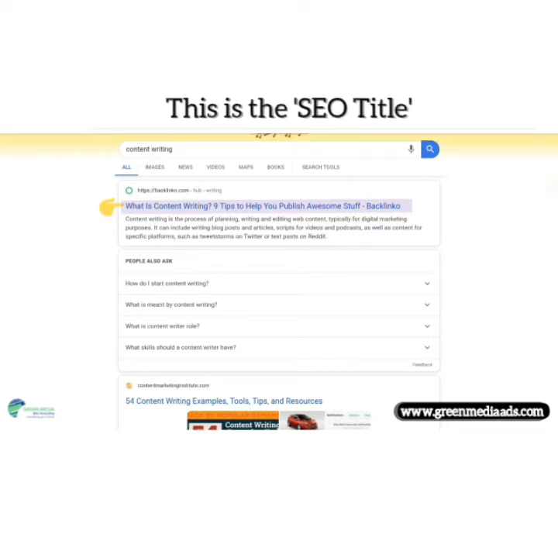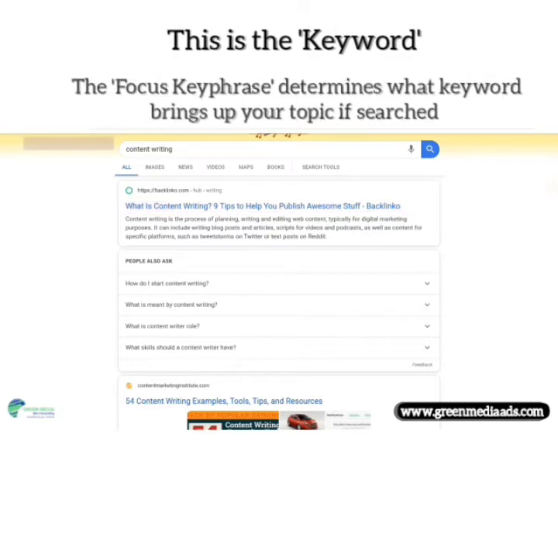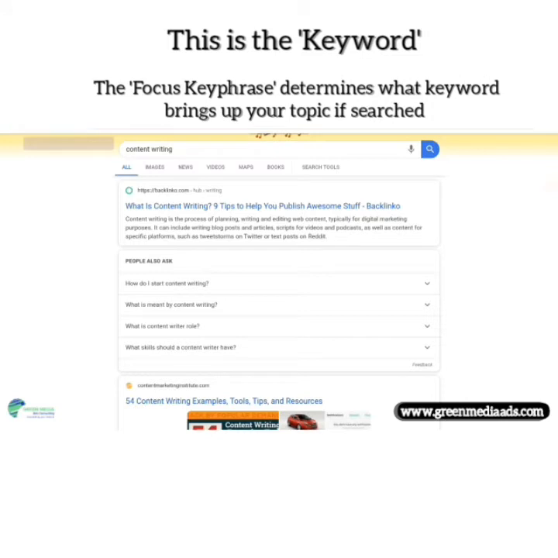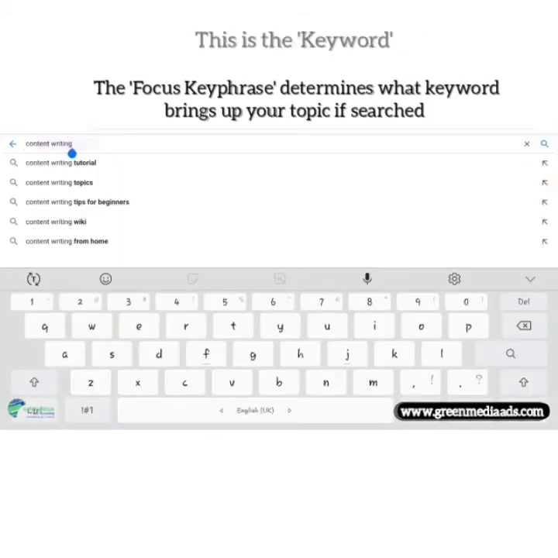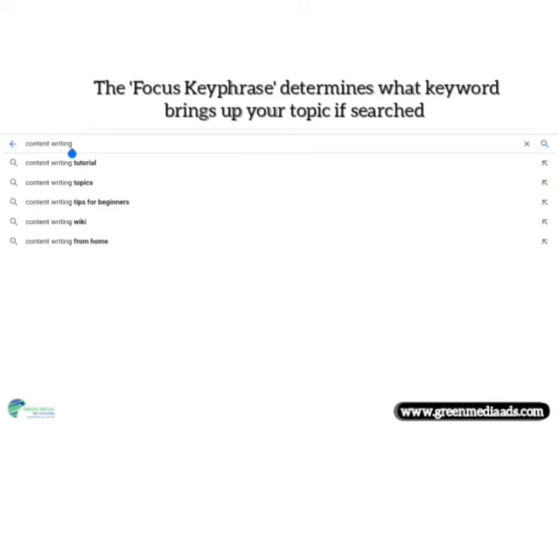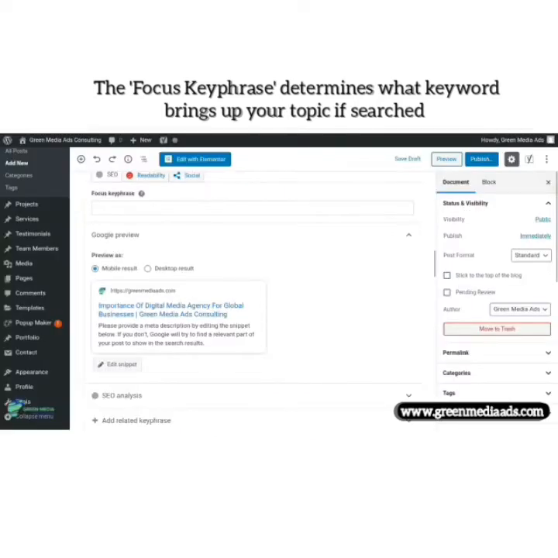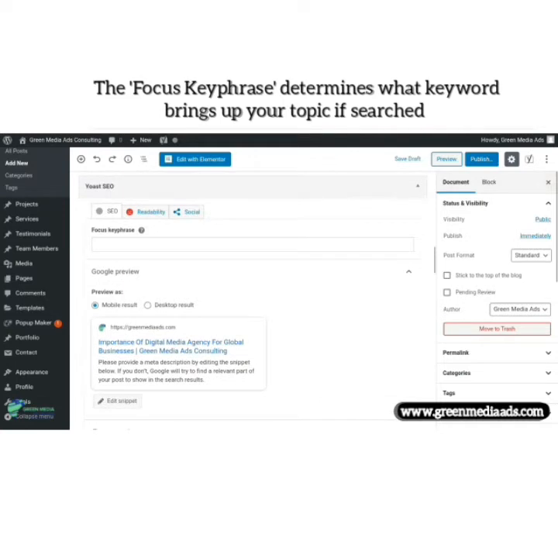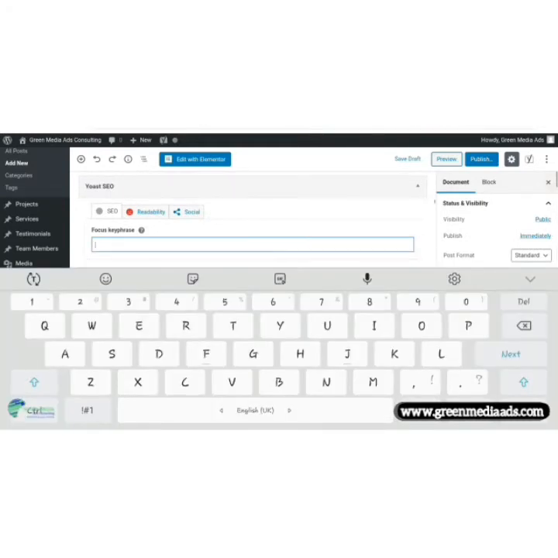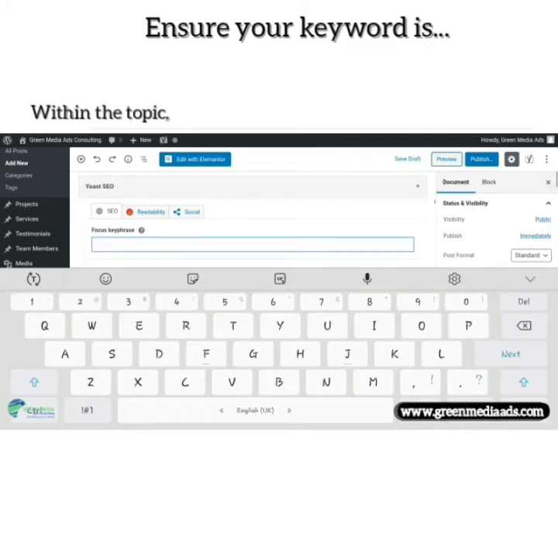So you're also going to be determining what topic should pop up in search engine. This is the search keyword I used. What search keyword should bring up my topic? So now this is where keyword planner comes in place. You also need to determine which is the best keyword for this article. The reason why you need to determine is because by the time you come here, you would have to type in a focus key phrase, which is your keyword, the focus keyword you want to rank for this article.